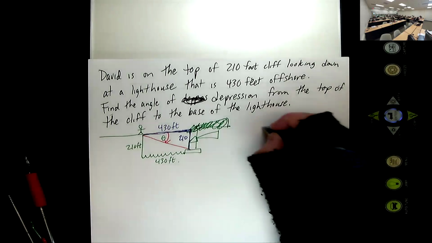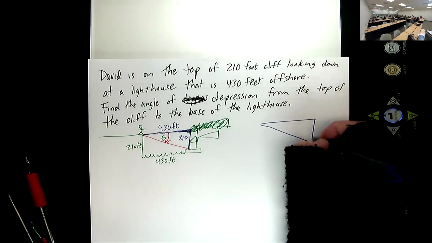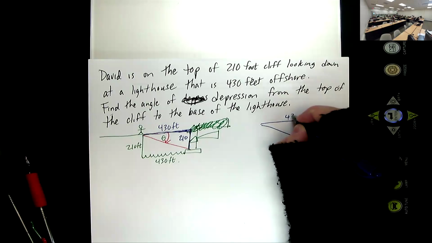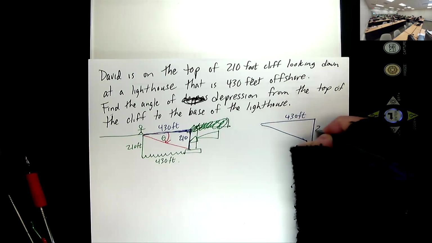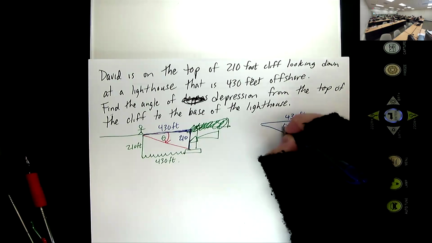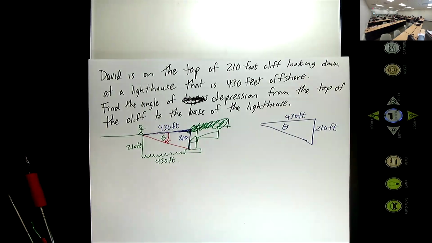So now if I make that triangle without all that mess in there, this is what I had. What looks good here?